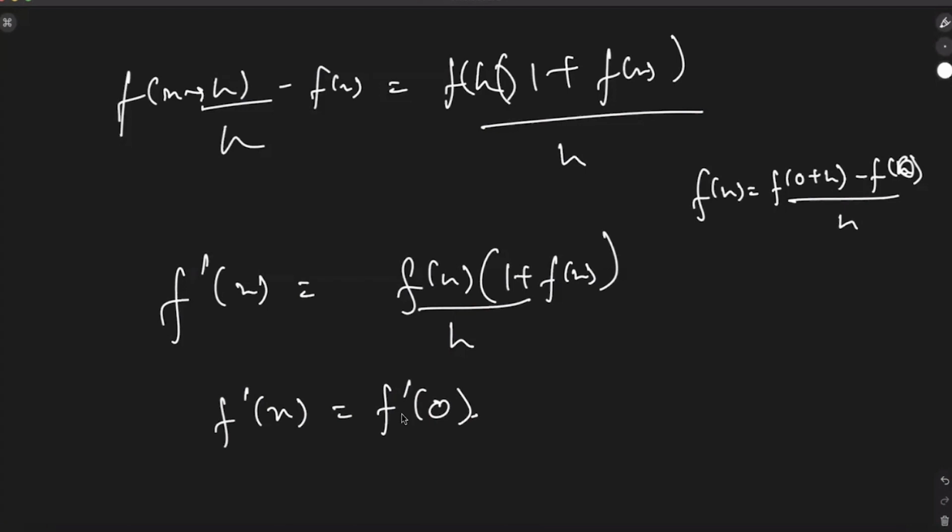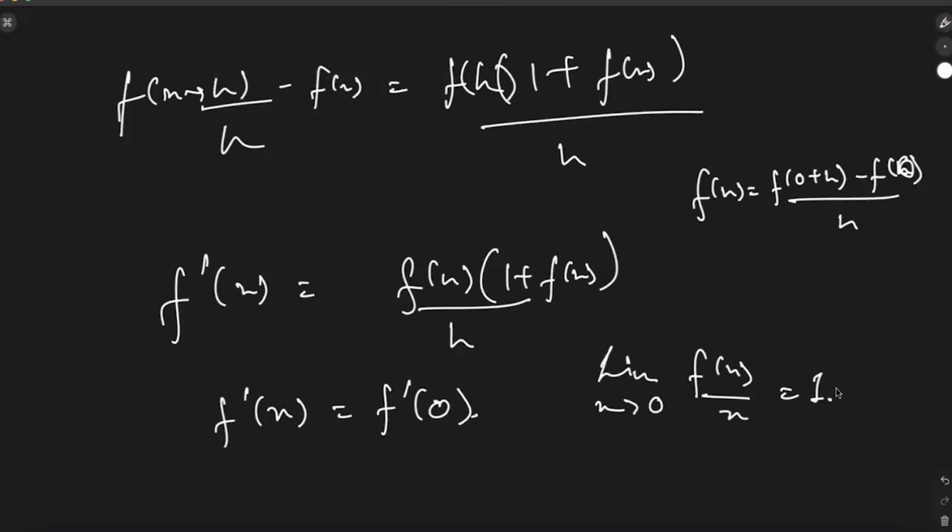Another thing: limit x tends to 0 for f(x) upon x is equal to 1, since g(x) has been given to me, limit as x tends to 0, equal to 1. g(x) I can write as f(x) upon x. Okay.